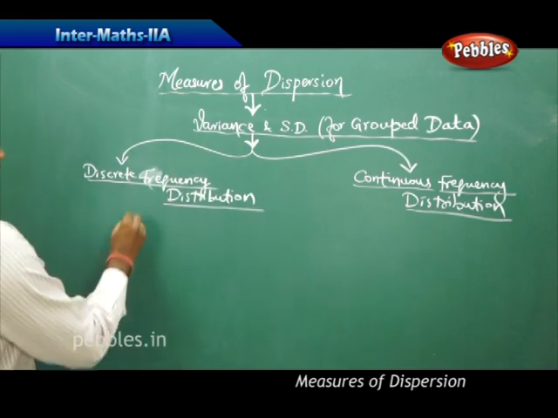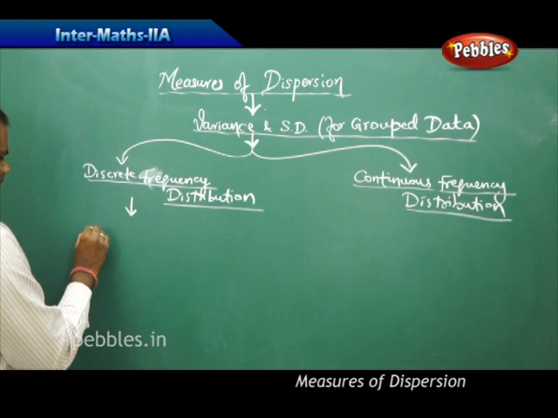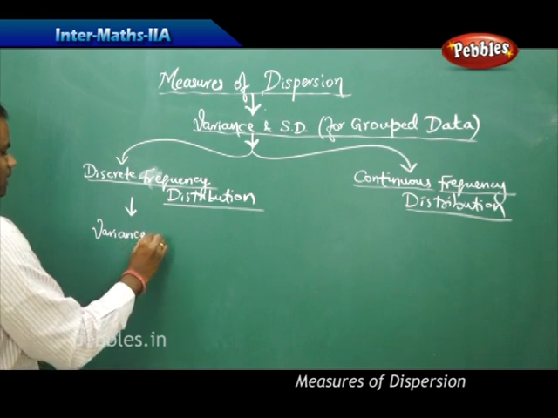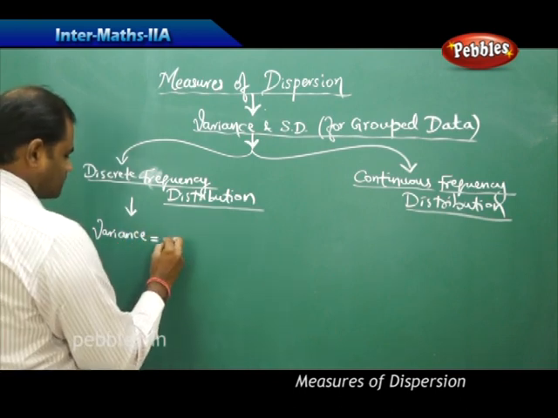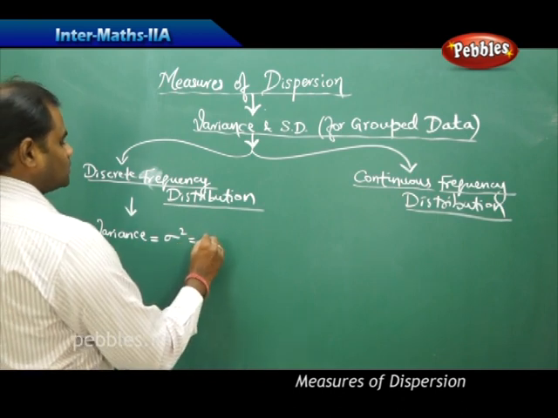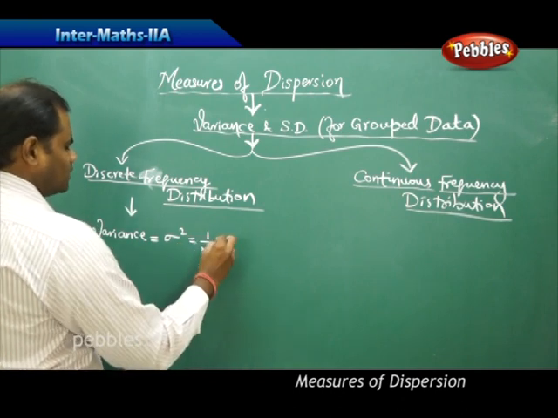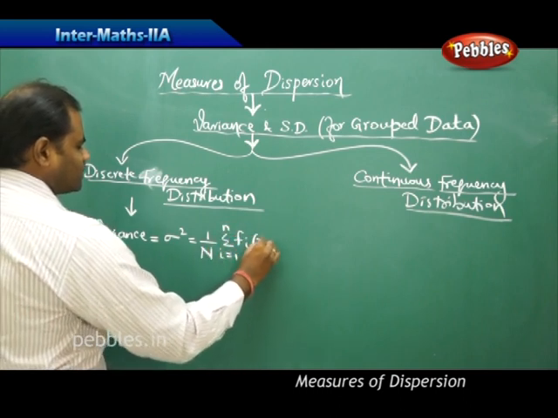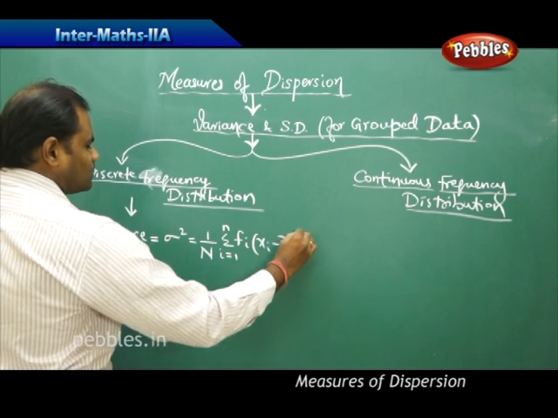deviation. So for this, I have my variance, denoted by V, or my variance formula is given by sigma square, that is 1 by n, sigma i running from 1 to n, fi times (xi minus x bar) whole square.